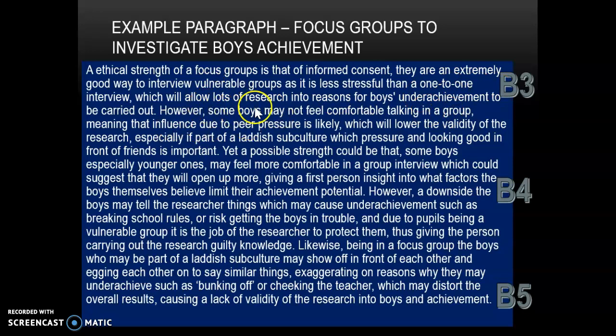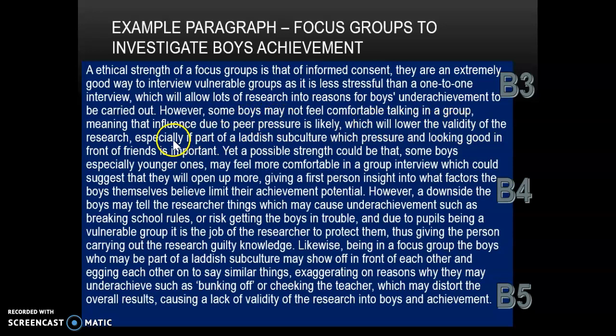So let's talk about who we could be researching when we're looking at boys' underachievement. So for example, the boys may not be comfortable talking in a group, meaning that influence due to peer pressure is likely. So we've got a bit of context about people that we might be researching, so boy pupils.